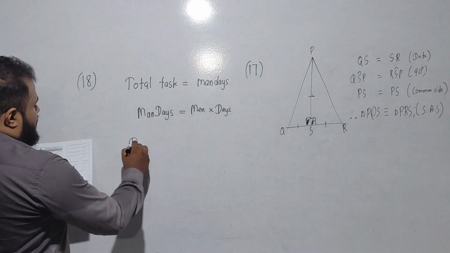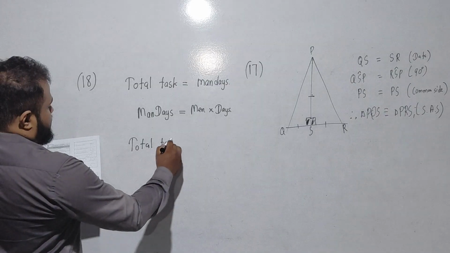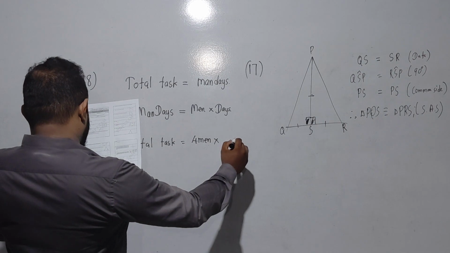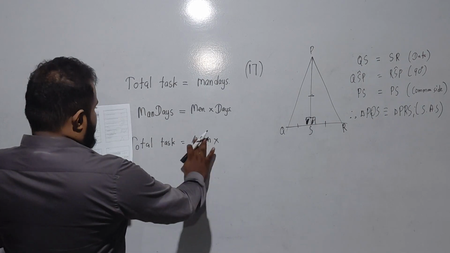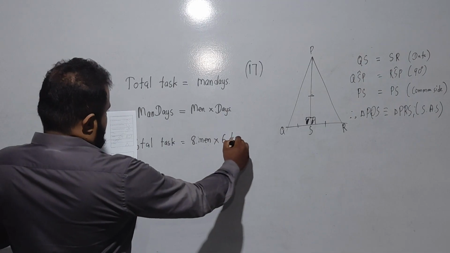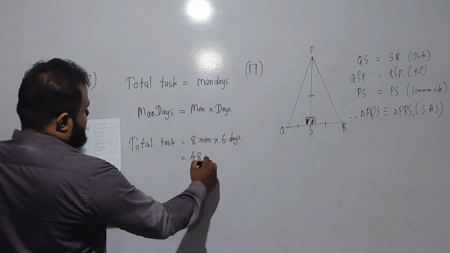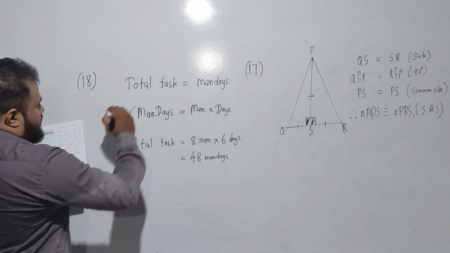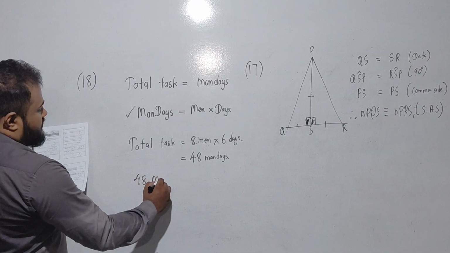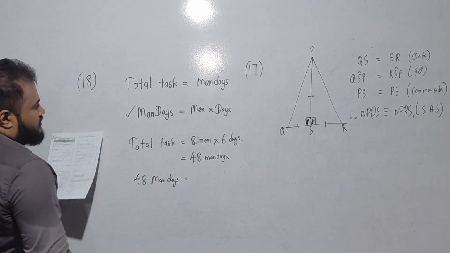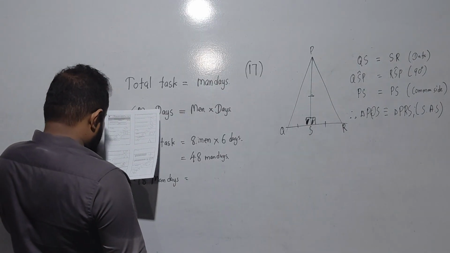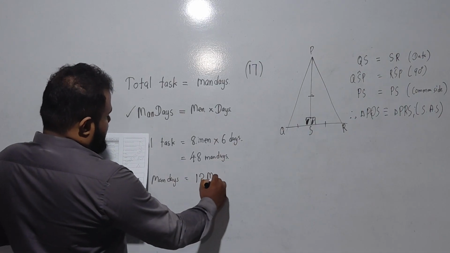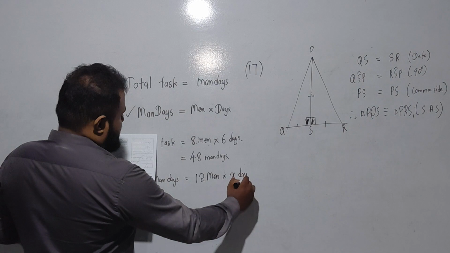First we can find the total task from 8 men into 6 days. It's 48 man days. Then we can choose this equation: 48 man days equals, they are asking about how many days, so 12 men into x number of days.